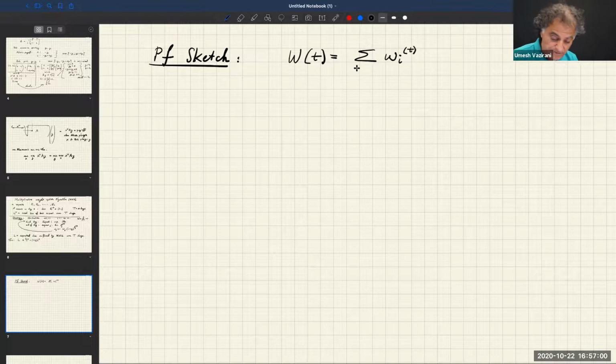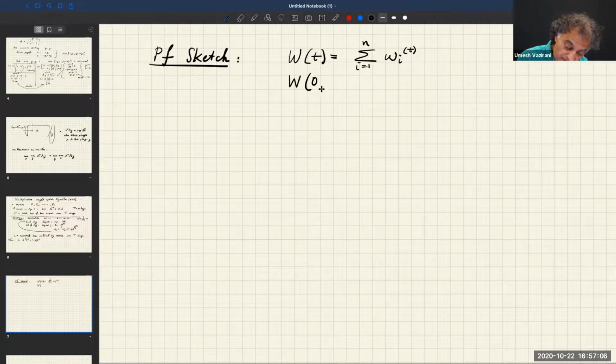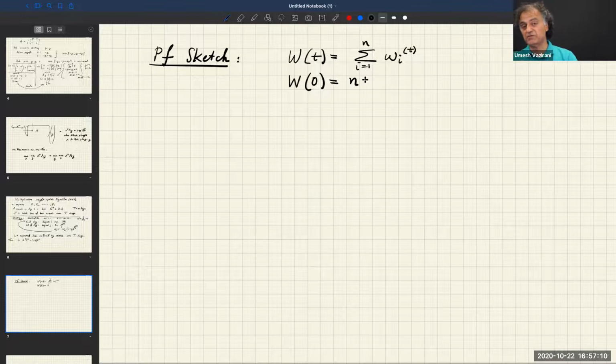We started on the first day with the sum of the weights equal to n, because everyone was given a weight of 1. Now, suppose, what was the weight of the best expert?